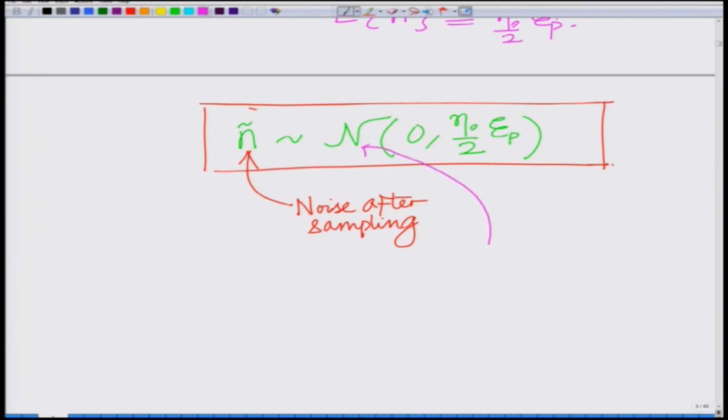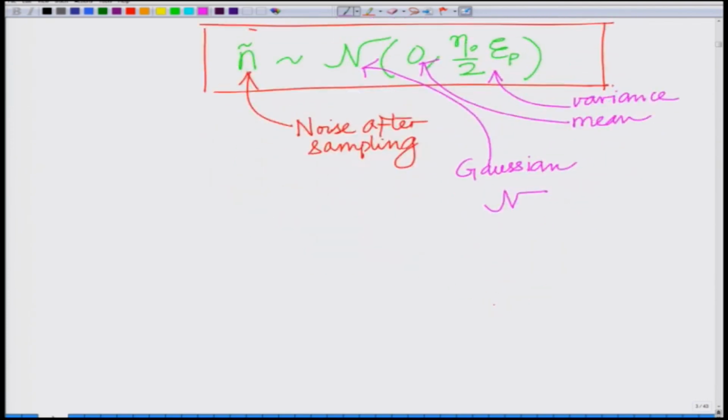This denotes Gaussian. This denotes that the mean equals 0, this is the mean, that is the first entry, and this is basically the power of the noise or the variance. That is, we are using the notation for a Gaussian, which is standard notation.